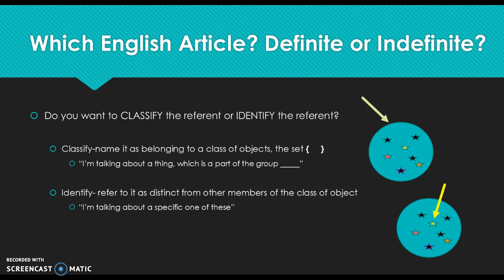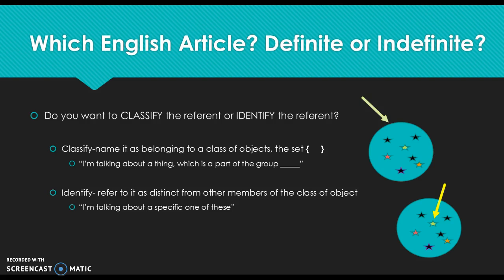When I identify using the definite article, I am referring to the referent, the noun, as it is distinct from other members of that set, that class of that object. I'm saying, hey, I'm talking about a specific one of these, a specific book, and I would use the definite article, the book.